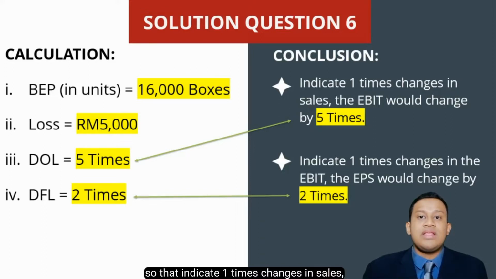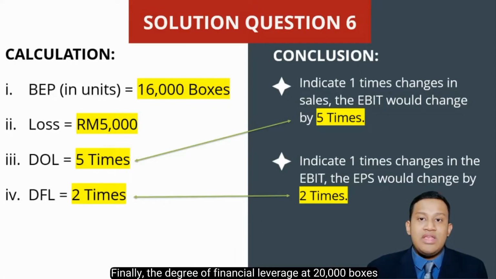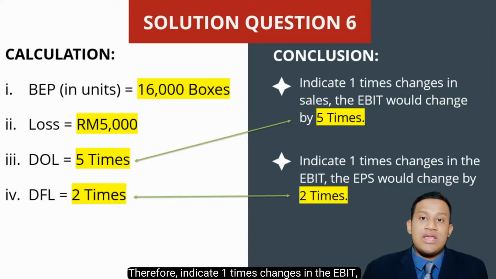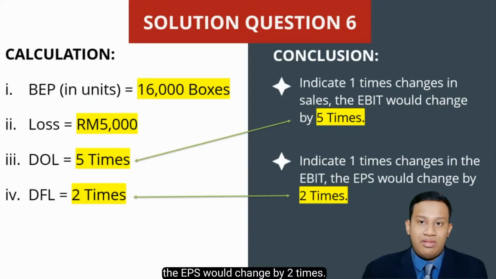This indicates that for a one-time change in sales, the EBIT will change by 5 times. Finally, the degree of financial leverage at 20,000 boxes is 2 times. Therefore, for a one-time change in the EBIT, the EPS will change by 2 times.